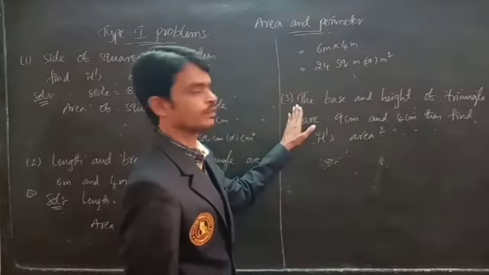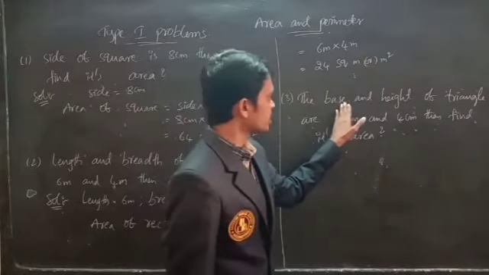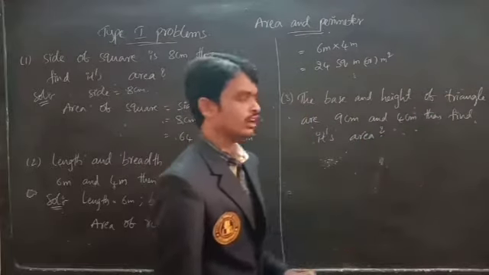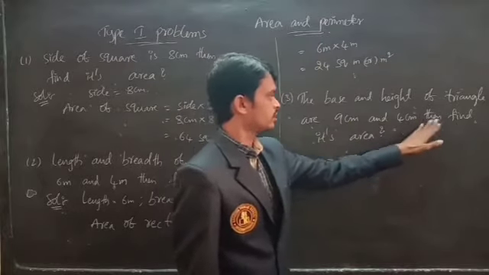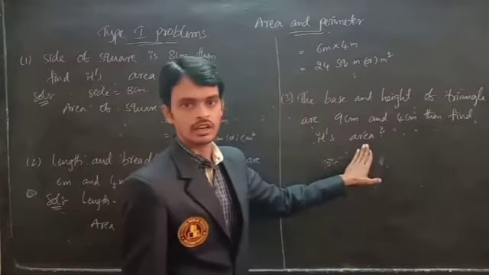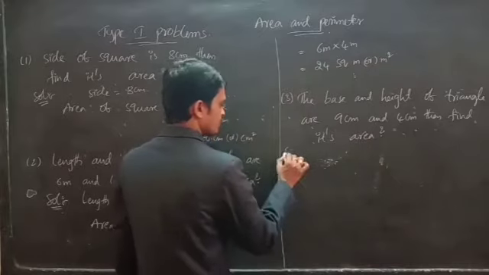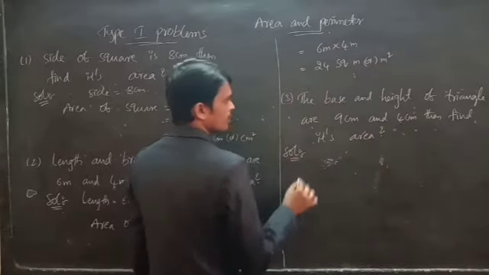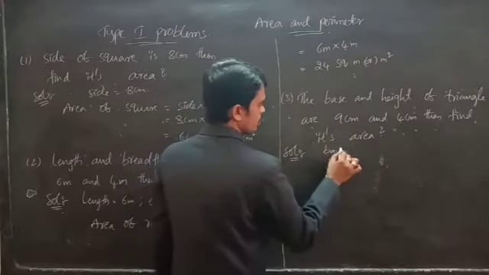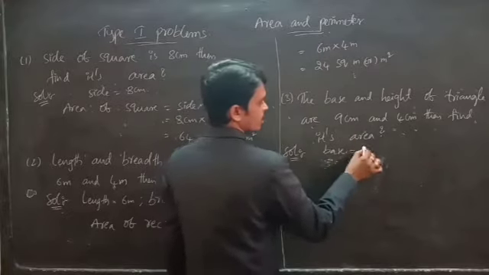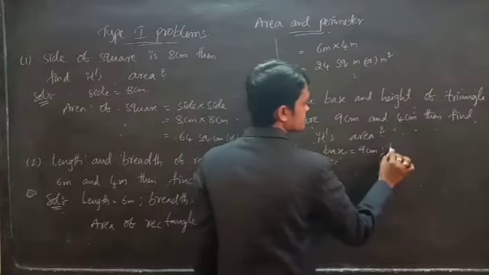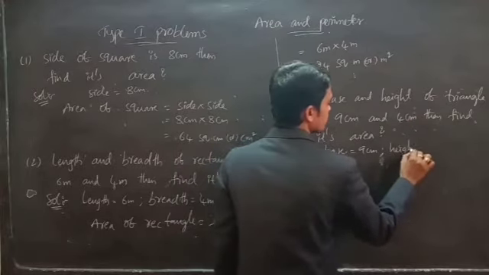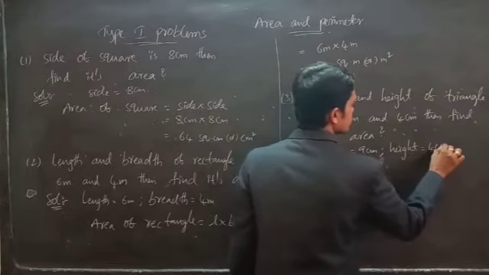Now third problem. The base and height of a triangle are 9 centimeters and 4 centimeters. Then find its area. So solution: what is given? Base of the triangle, how much is given? 9 centimeters. And height, how much is given? 4 centimeters is given.